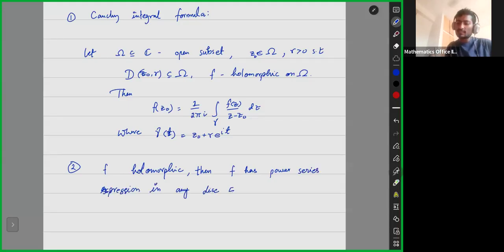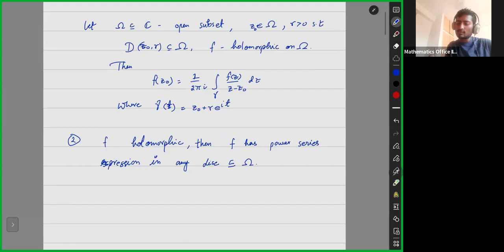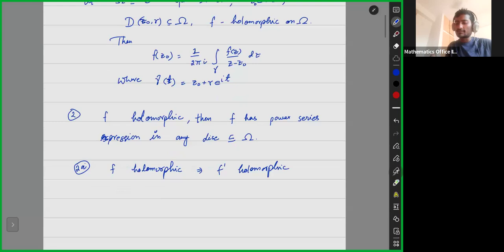So this is it: if F is holomorphic, then F has a power series expression. As a corollary of this 2a, if F is holomorphic, then F prime is also holomorphic, right? These are some results which I am just mentioning so that they will be helpful to remember while solving the questions.